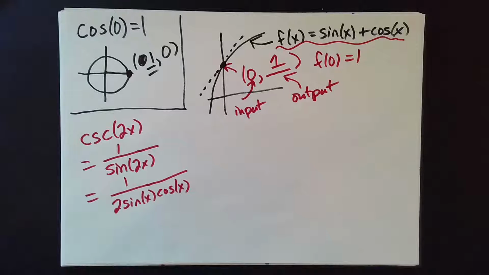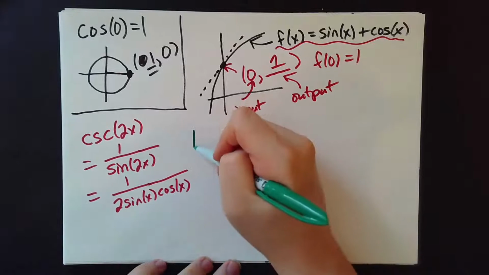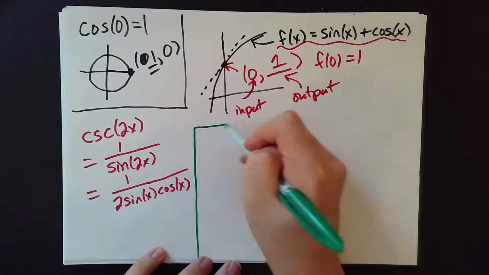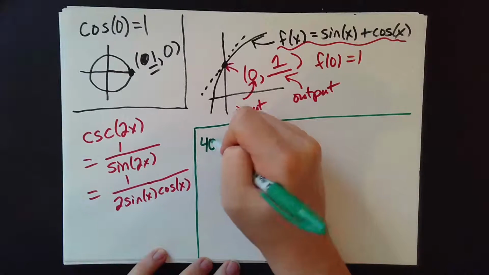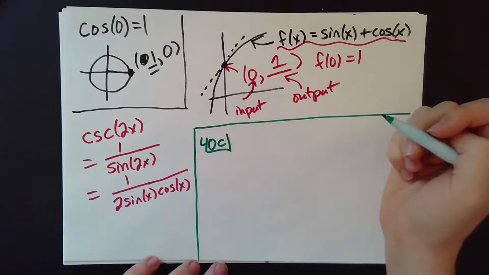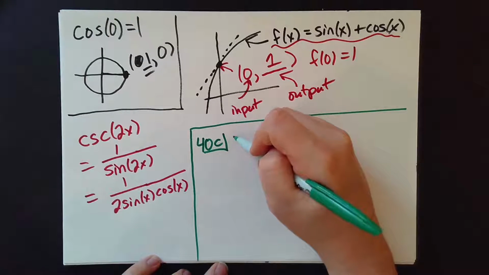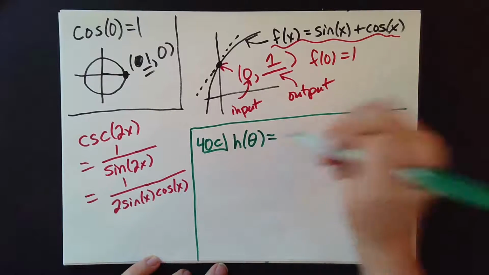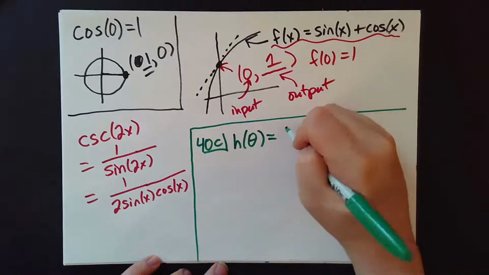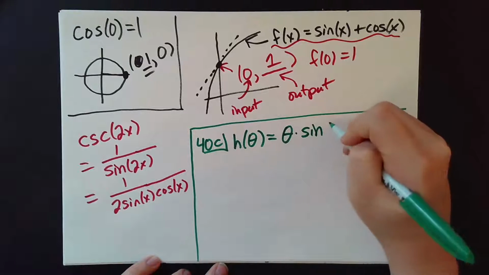Okay, so next up, someone asks about 40c. So in 40c, our function is h of theta is equal to theta times sine of theta times cosine of theta.